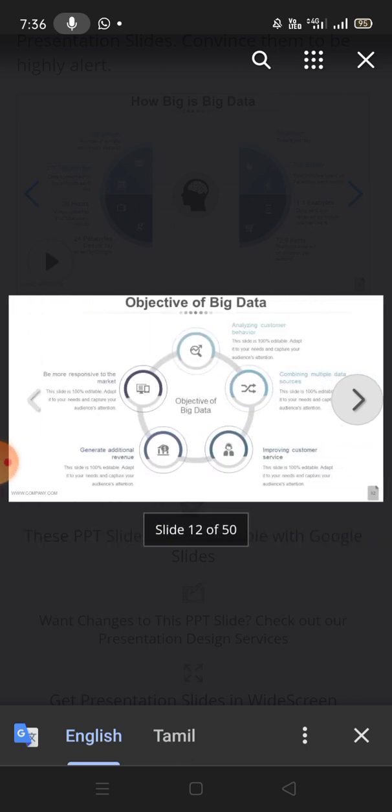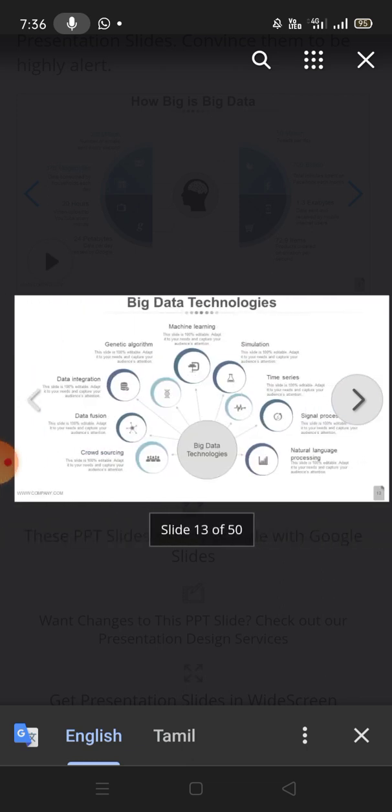And the objectives of big data are analyzing customer behavior and combining multiple data sources, improving customer services, generating additional revenue, and being more responsive to the market. So these are the objectives of big data.